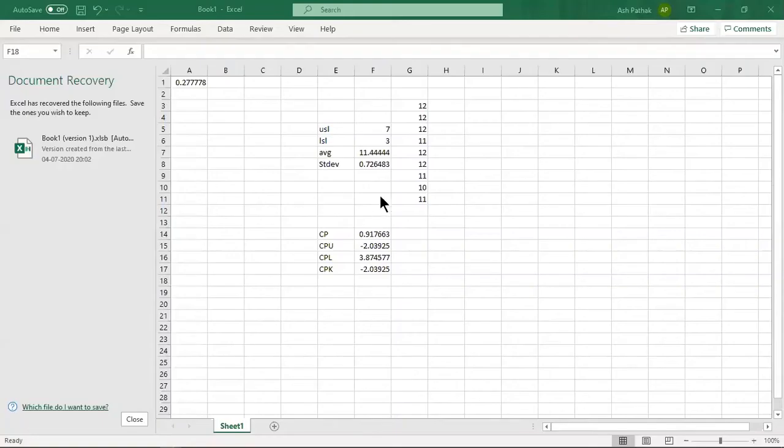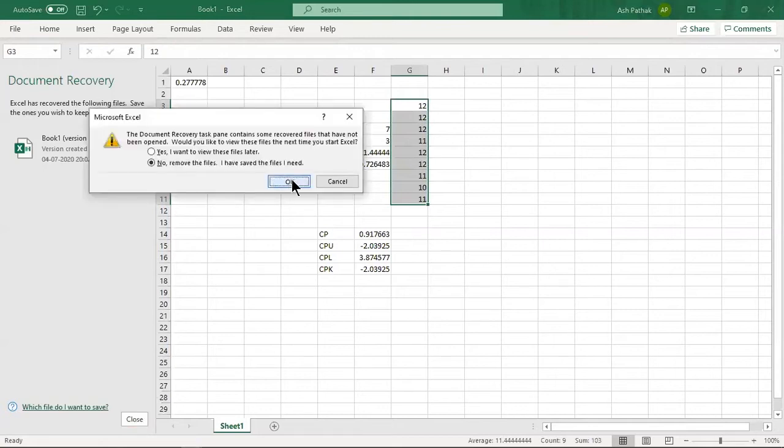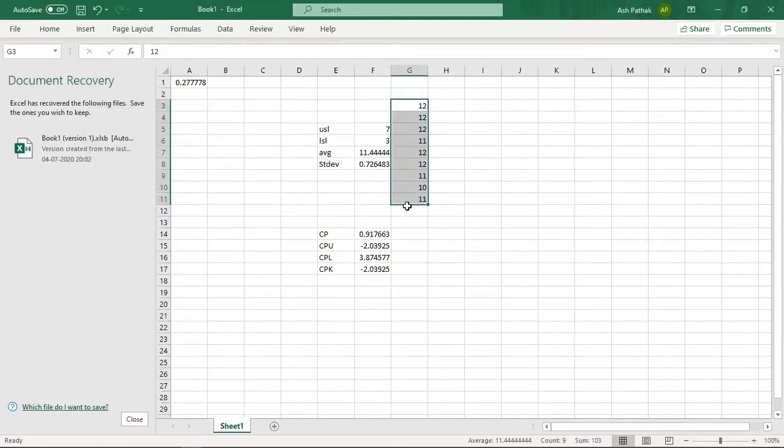Can someone share their screen so that we all can look at what we have done? I have not done it step by step, but I've done a direct calculation. No worries. Are you able to see my screen? Yes, I can. So these are the random values that I have taken between 10 and 12.